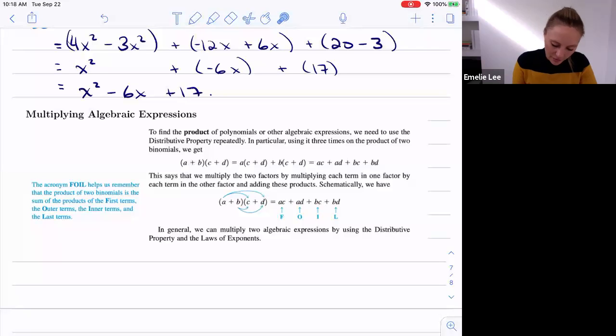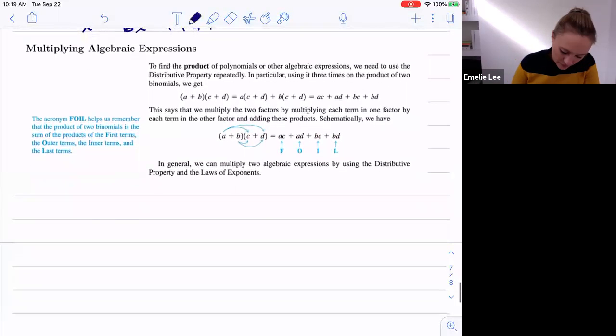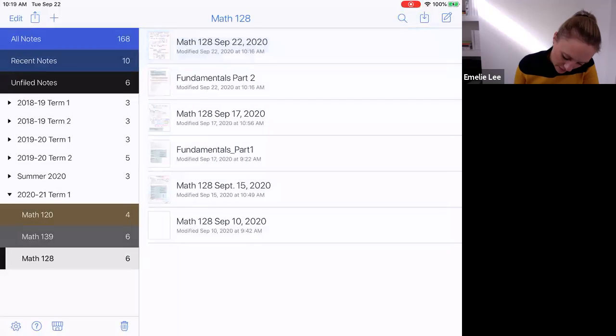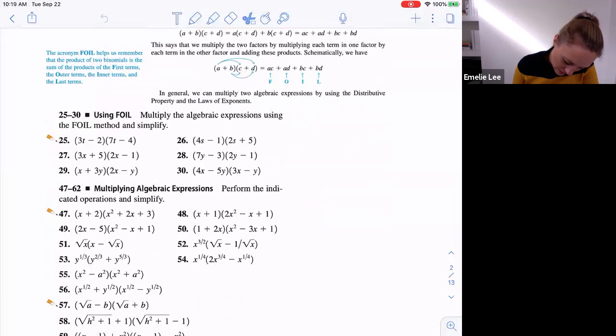And then follow it with the second term and potentially the third term, fourth term, however many terms you've got. So let's see here. We'll do a quick example.